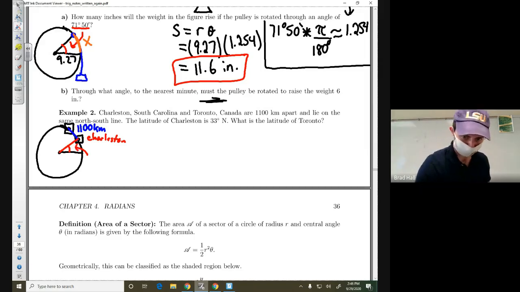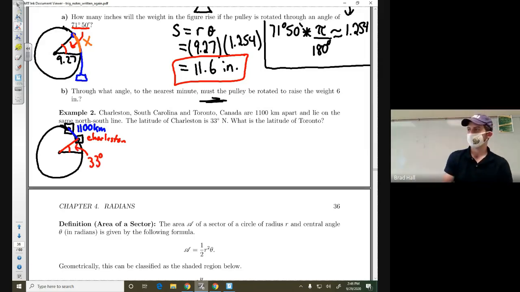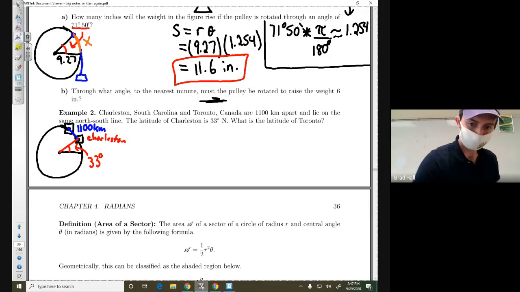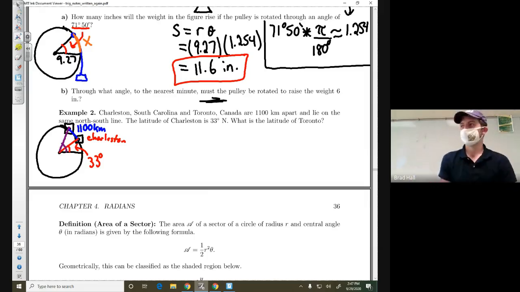The angle here, they say, is 33 degrees. And north just meaning it goes up instead of down. So they've told us all this information. And finally, what they want us to find is the full angle of latitude for Toronto.